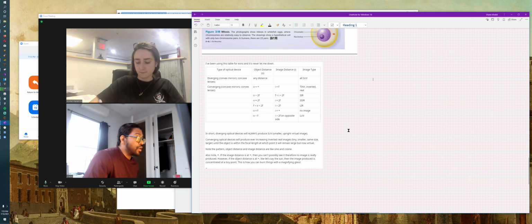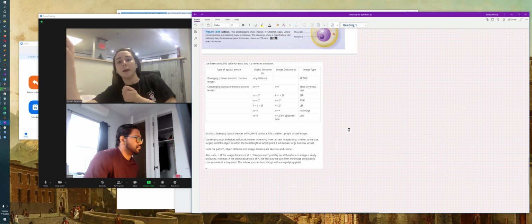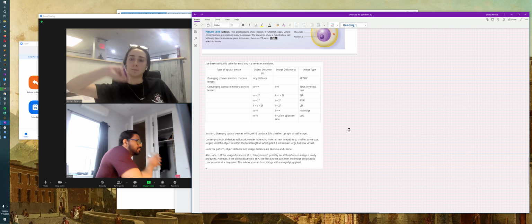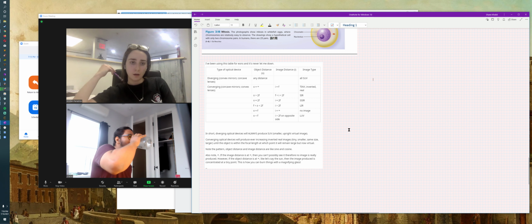Now, for converging optical devices, it changes depending on the object distance. If the object distance is at infinity, it's going to produce... The virtual image is just behind the thing, right?